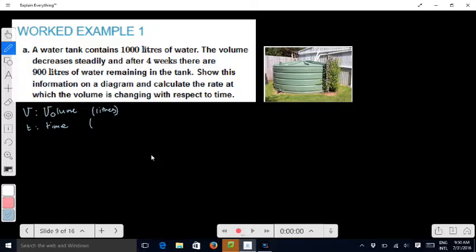I'm going to say V naught, so our initial volume, we said we started as 1,000 litres. So we'll have a little subscript 0, meaning our initial point. I'm going to say after four weeks, so V of 4, we had 900 litres of water.